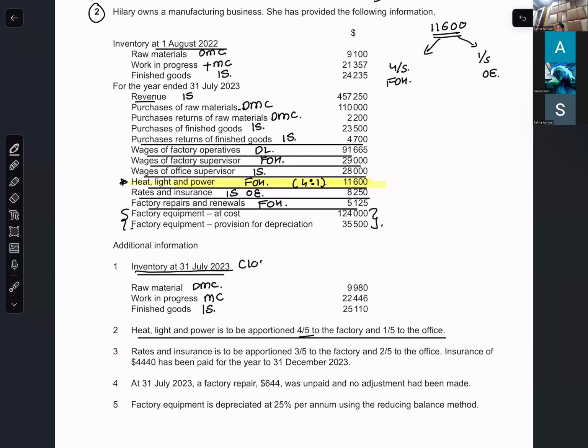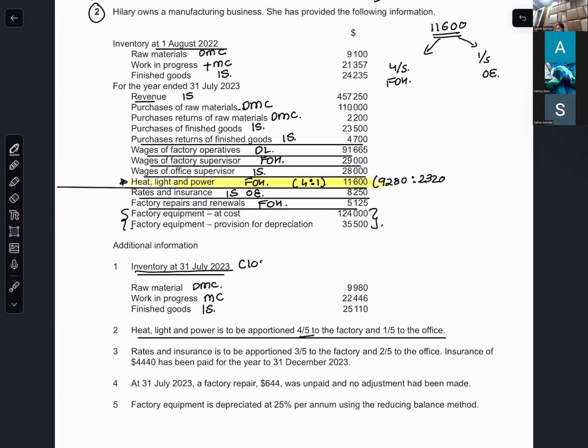How much is 4/5? 4/5 times 11,600 is 9,280. And how much is 1/5? 2,320.